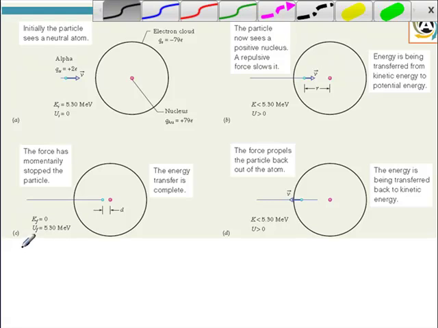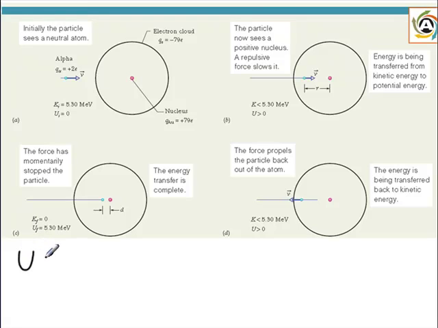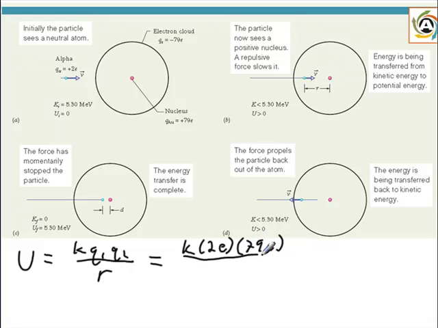Well, we know that the formula for potential energy is K Q1 Q2 over R. And Rutherford knew that the alpha particle had a charge of plus 2e, and the gold nucleus had a charge of plus 79e, all over R. So if I solve that for R, R has to equal 158 Ke squared divided by the energy.